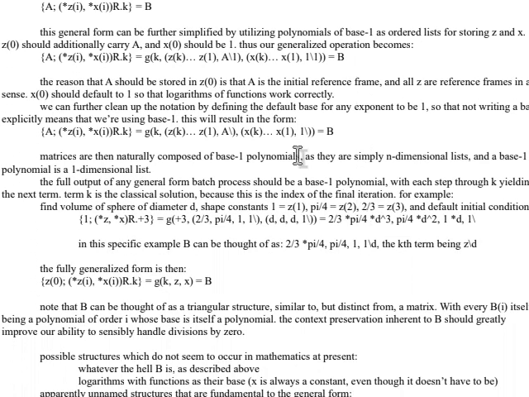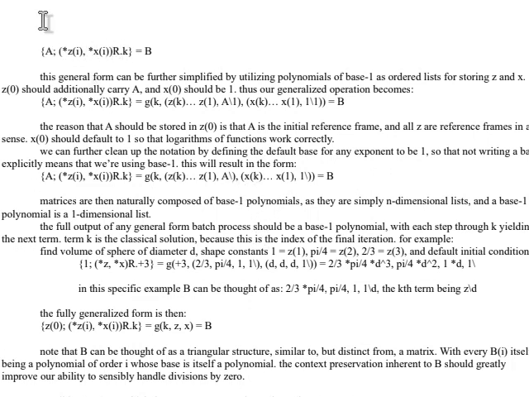Yeah, so then I was also thinking that these things that are lists, right, z, x, we can just represent them with base 1 polynomials, right? So with a base 1 polynomial, each element in the polynomial is being multiplied by the base to the index of the term, right? But if your base is 1, then we just get what we see.